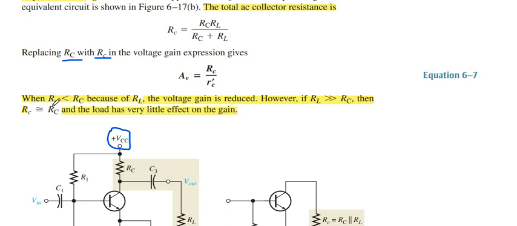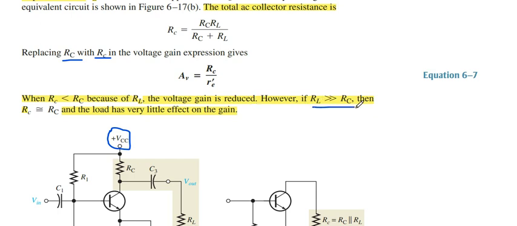As small r_c is less than this DC collector resistance, the voltage gain is reduced.